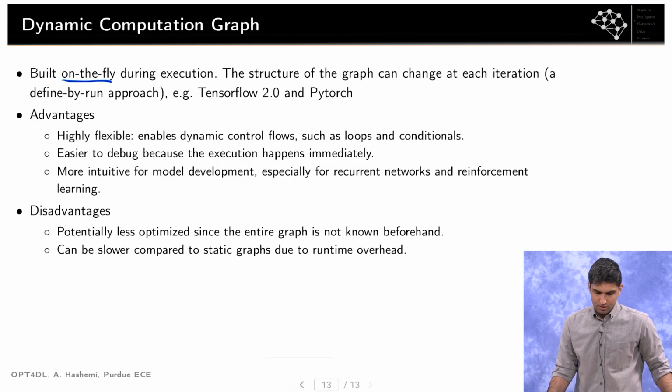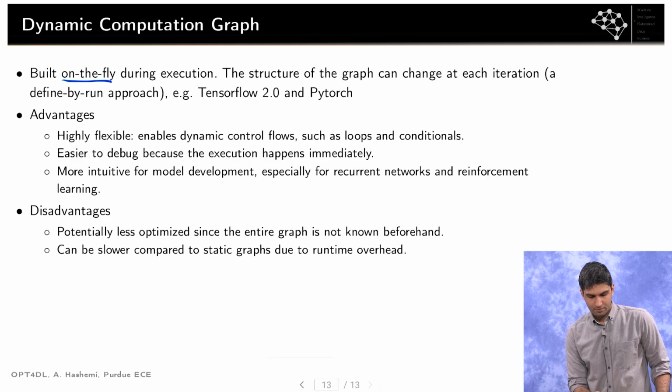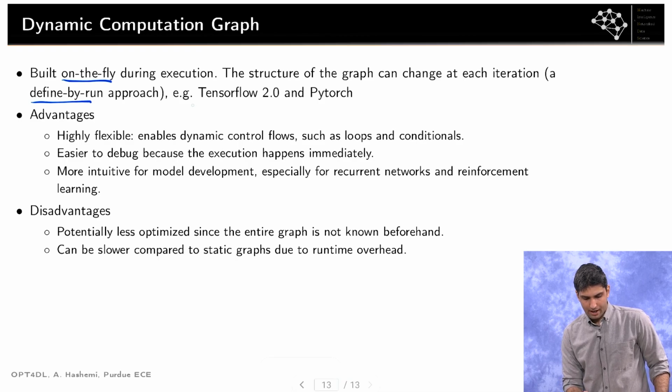This means that the structure of the graph can change at each iteration. So our approach is basically the define-by-run approach. And this is the way we construct the computation graphs and perform backpropagation in modern deep learning packages such as TensorFlow 2.0 and PyTorch.